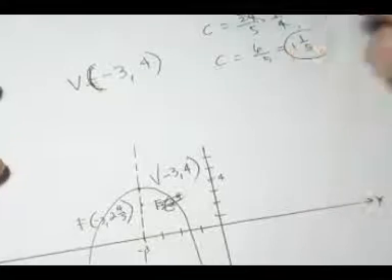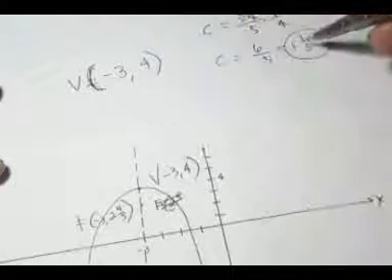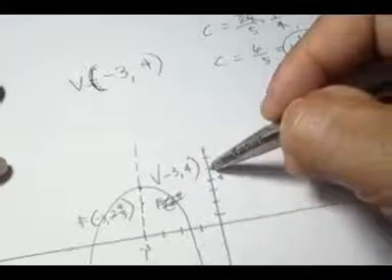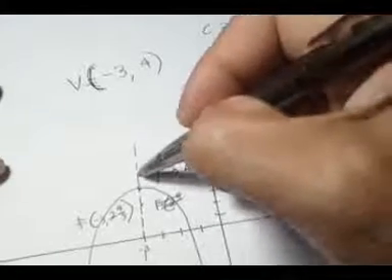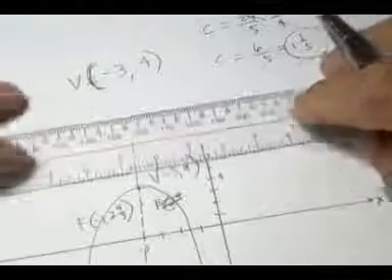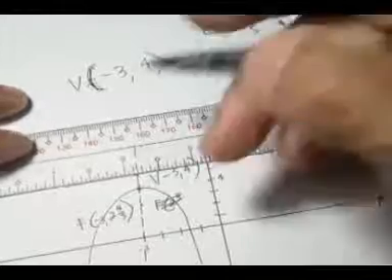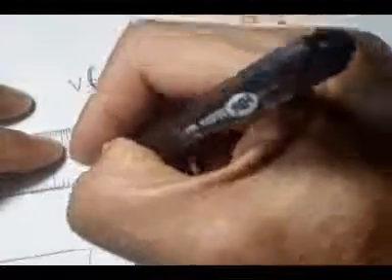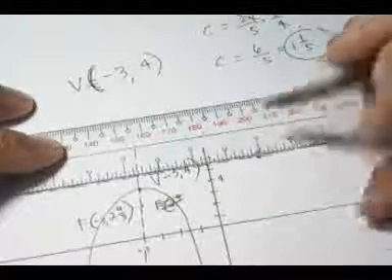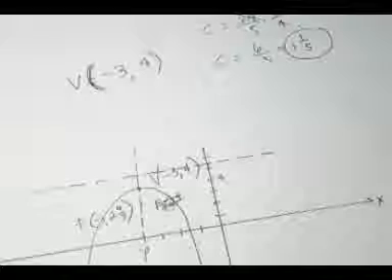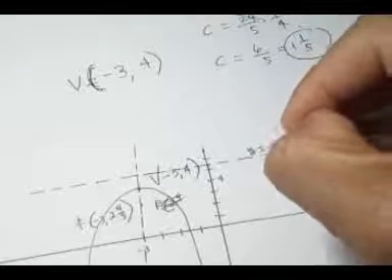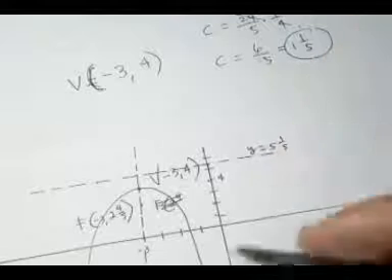Now our directrix is 1 and 1/5 units above the vertex, so that is 5 and 1/5. So this is our directrix. The horizontal line called directrix, its equation is y equals 5 and 1/5.